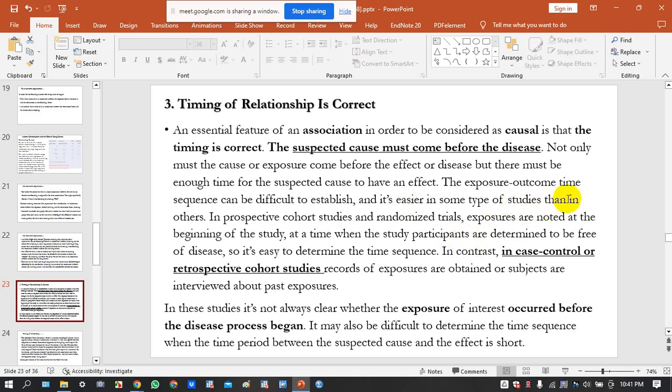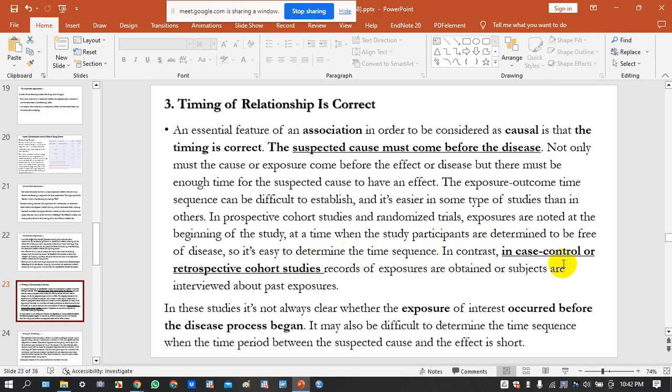The exposure outcome time sequence can be difficult to establish, and is easier in some types of studies than in others. In prospective cohort studies and randomized trials, exposures are noted at the beginning of the study, at a time when the study participants are determined to be free of the disease. So it's easy to determine time sequence.